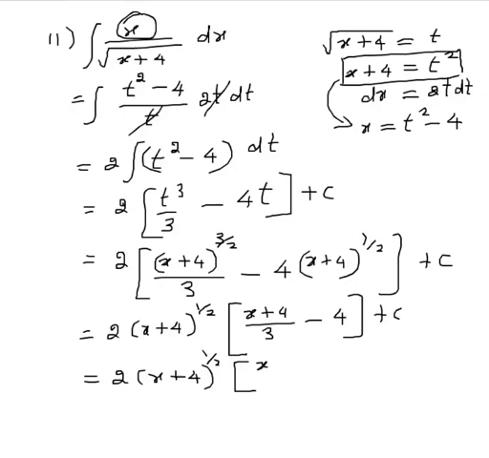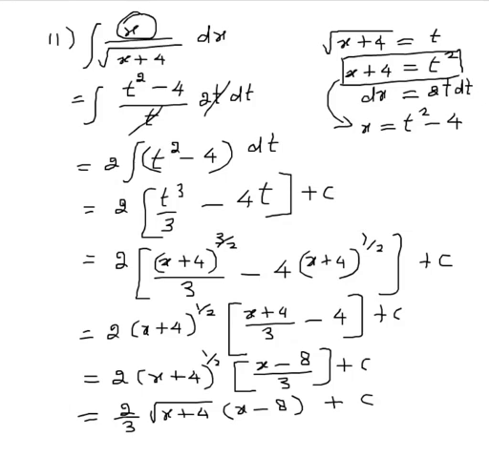Take LCM. It becomes x + 4 − 12. So (x − 8) divided by 3 plus c. So 2 by 3 times root of x + 4 multiplied with (x − 8) and plus c.